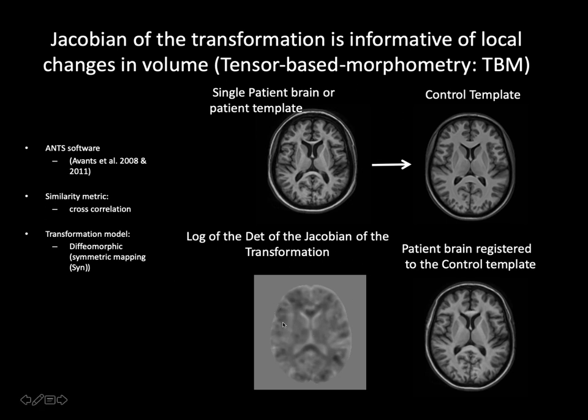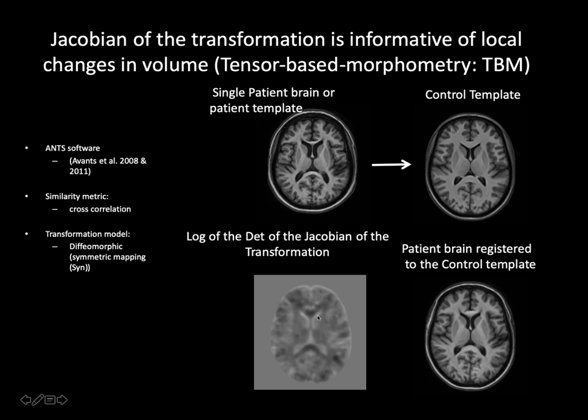This image, let's spend a few seconds on understanding it, because it will recur through the course of this talk. Where you see the background here is 0, so essentially it is consistent with no change in volume to morph the brain into the template.